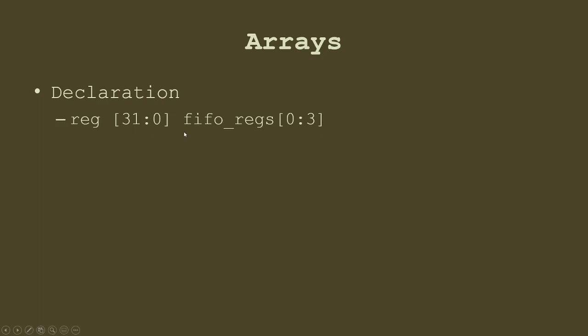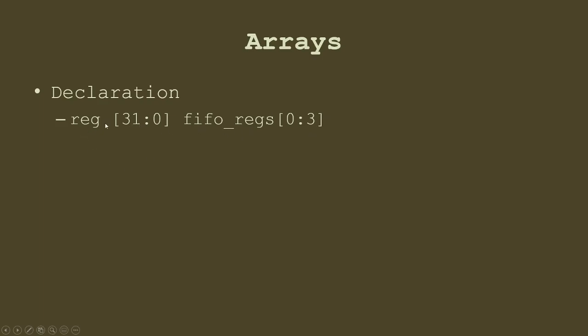If it's a 32-bit input, then I'll write 31 down to 0, FIFO edges. And then after that, I'll write the depth of the FIFO. Normally, we write 0 to 3 if it's 4 deep. If it was deeper, then we can change this 3, and that's how we write the array.